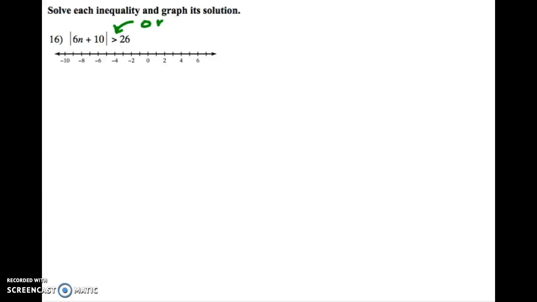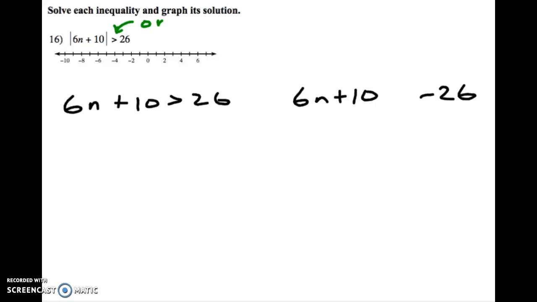All right, for 16, once again, we're going to write it out with the two cases. We'll do one with 6n plus 10 is greater than 26. And we're going to do one with 6n plus 10 less than negative 26. Remember, when you switch the sign, we have to switch the direction of the inequality. As far as the math goes, let's take a look at it.